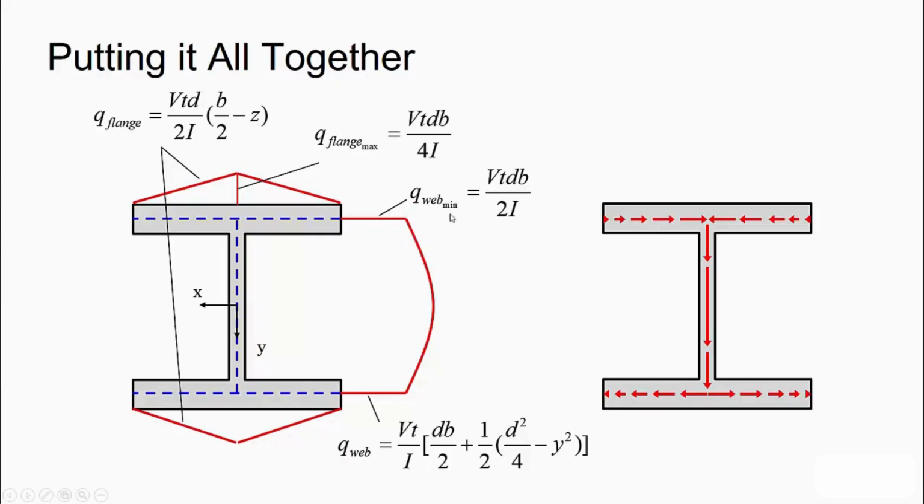So it makes sense that the shear flow in the web here is equal to twice the shear flow in the flange, because we have two streams of shear flowing into that web. And same at the bottom, the stream splits, and so we go from twice the shear flow here to half, the left and right in the flange. And there you have it. This is a simple example looking at shear flow in an I-beam section.